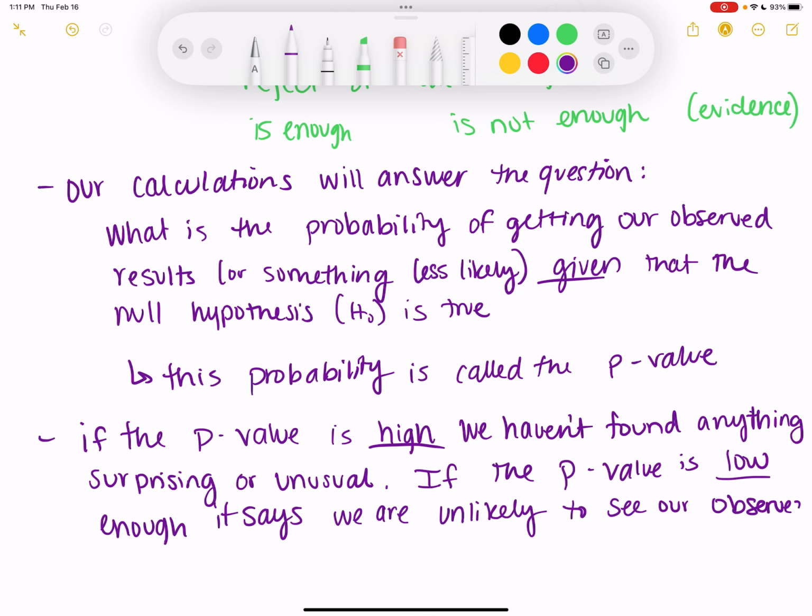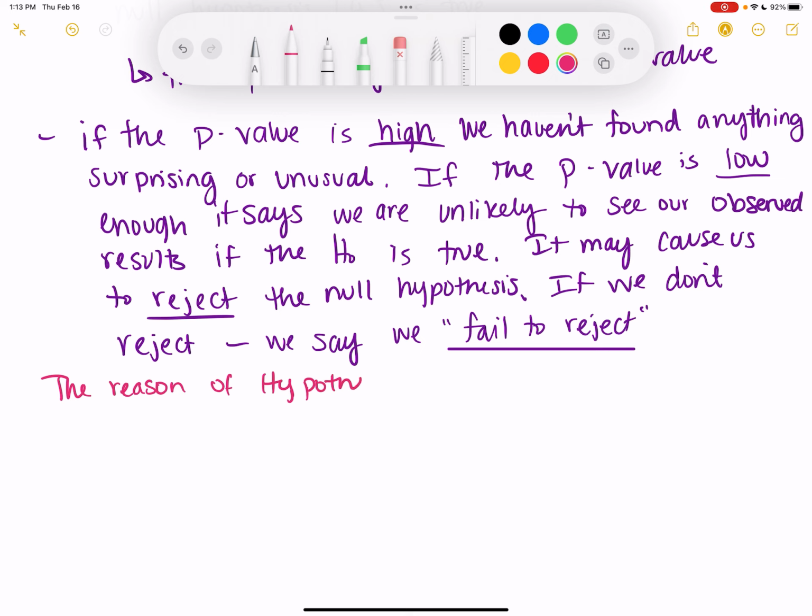The reason of hypothesis testing, one, we have our hypothesis. This is kind of how we go about it and what our solution will look like. So first we state the null and alternative hypothesis.